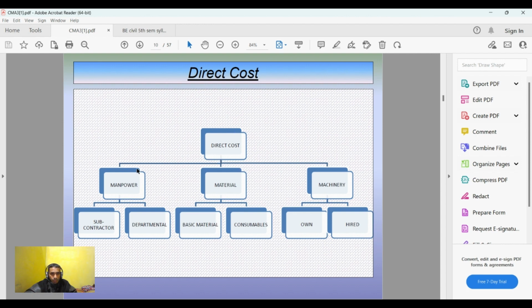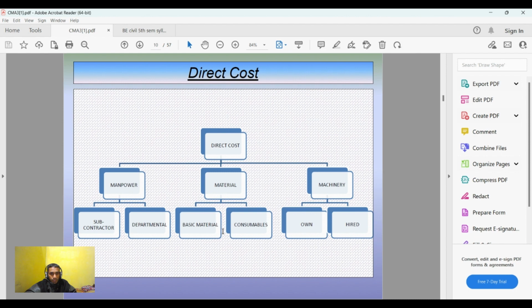So you can see a flow chart with regard to the direct cost here. Direct cost consists of cost for manpower, cost for material and machinery. Okay, so under manpower we have a subcontractor, who works under the directions of a contractor, and then departmental manpower, related to the office work.